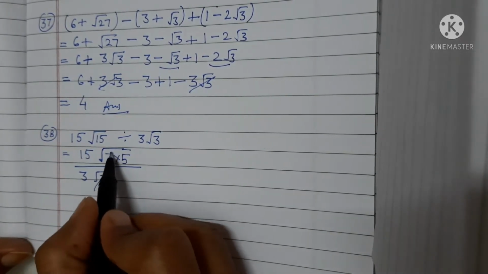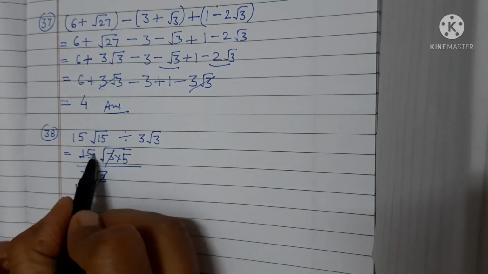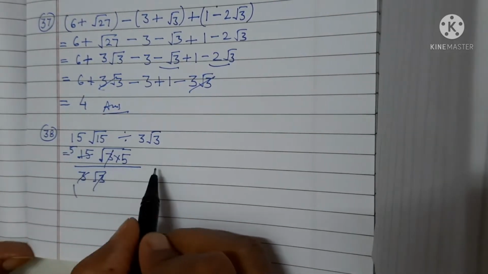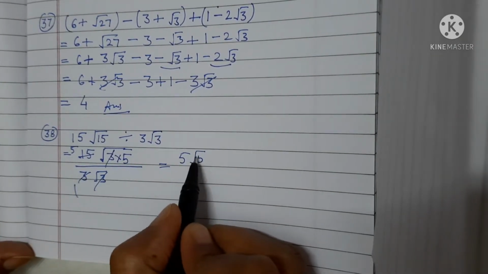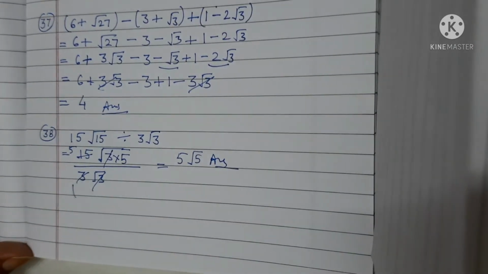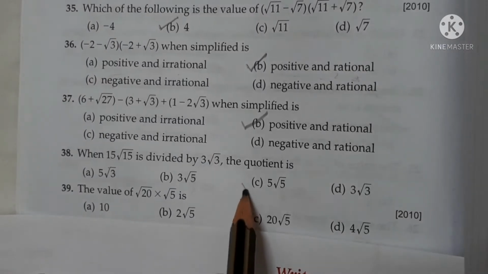So this √3 will be cancelled, and 3 ones are 3, 3 fives are 15. So you will get 5√5, the answer 5√5. Check the option. 5√5, option C is correct.